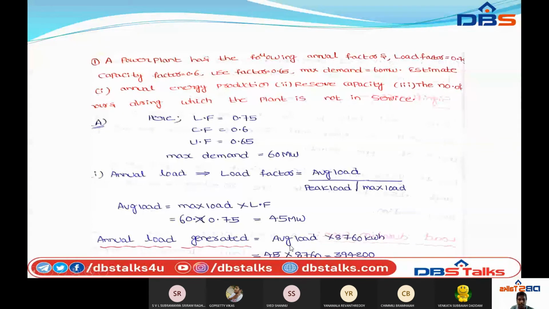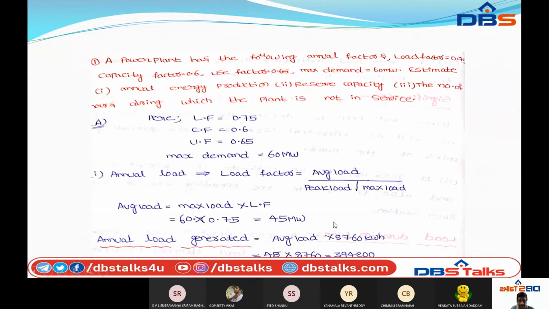Average load into 8760, which is 365 into 24. After that, average load already found is 45 megawatts in the first step. 45 into 8760, that is 365 into 24, and we get 3,94,200.